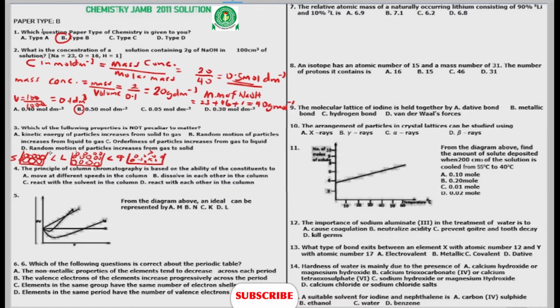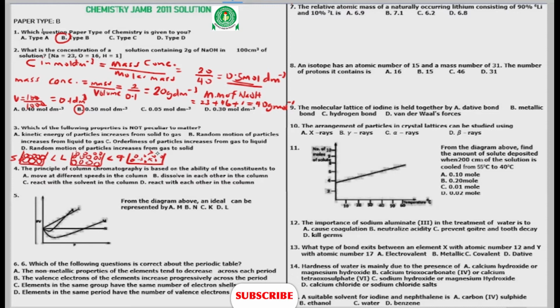Then option D says the random motion of particles increases from gas to solid. Now, look at this. Meaning that they are saying gas is the least random in motion. No, which is not true, because gases are in constant rapid motion.